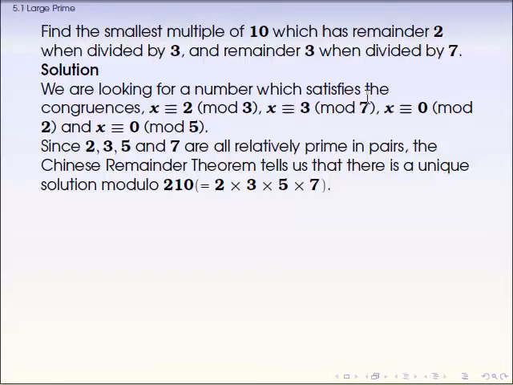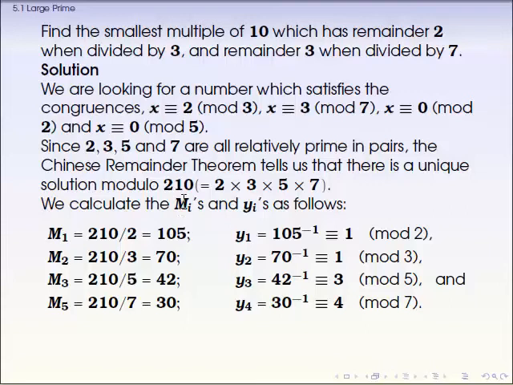These four moduli must be pairwise relatively prime, and 2, 3, 5, 7 are all prime numbers. Therefore, we can apply the Chinese remainder theorem, and we will find a unique solution modulo 210, which comes from the product of these four moduli.